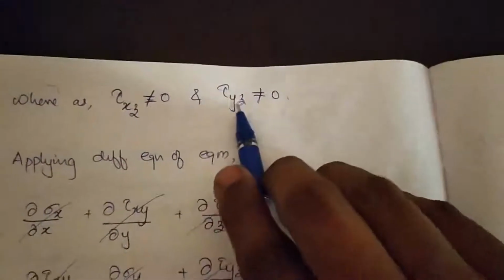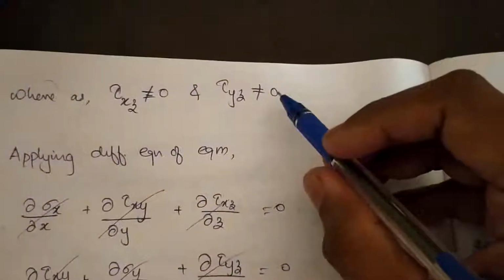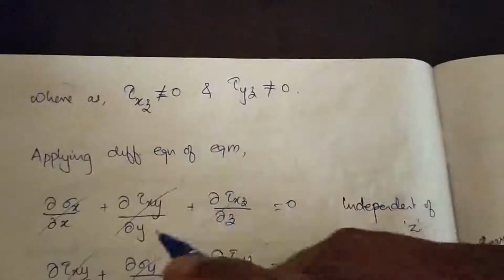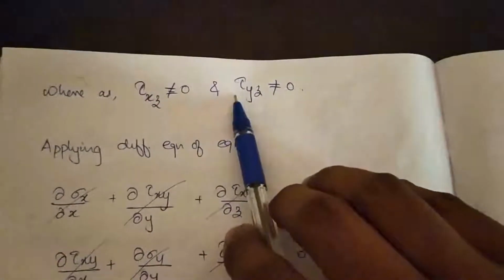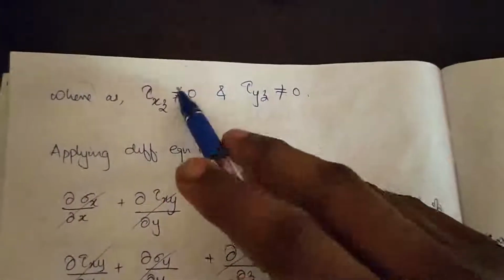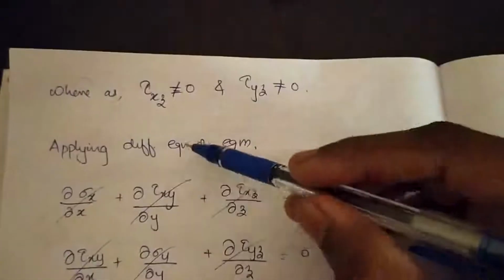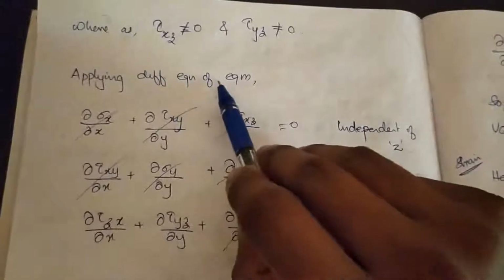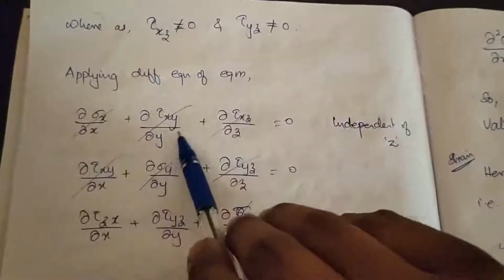Similarly, the tau xz and tau yz will not be 0. This is the result that we have already proved from Sen-Venance principle, so I am not repeating it. Now the next step is we apply this in the differential equation of equilibrium. This also we have already done.